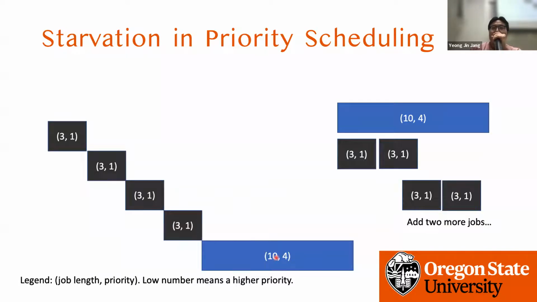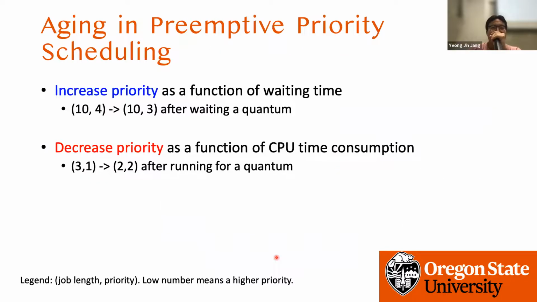One way to avoid this kind of starvation in priority scheduling is so-called aging. It's more like giving a reward to the processes that cannot get scheduled for a certain moment or time window.